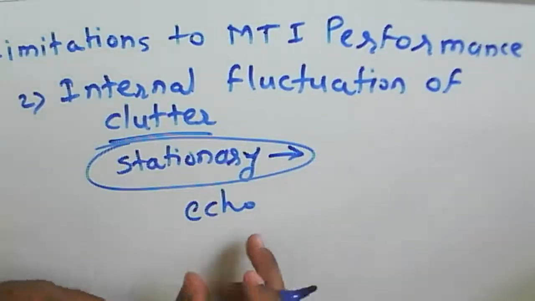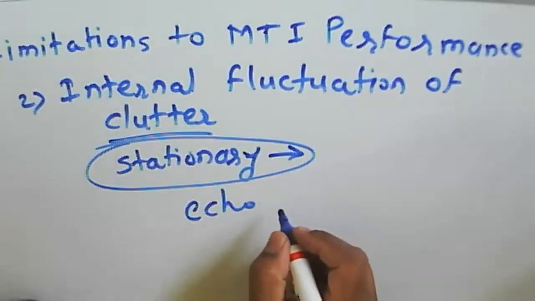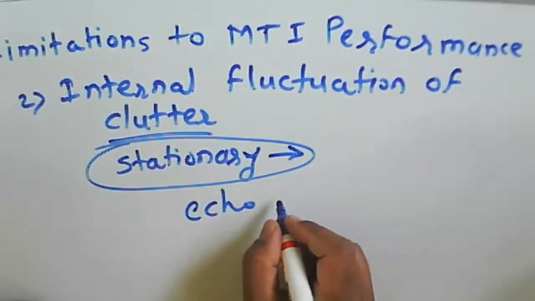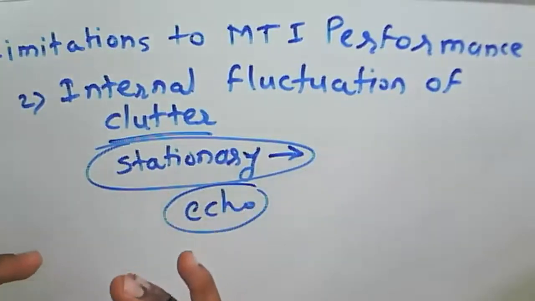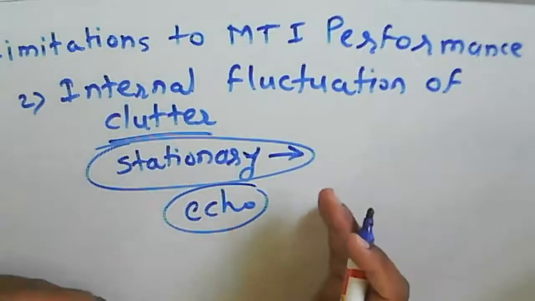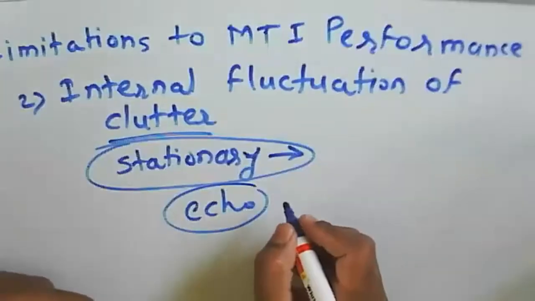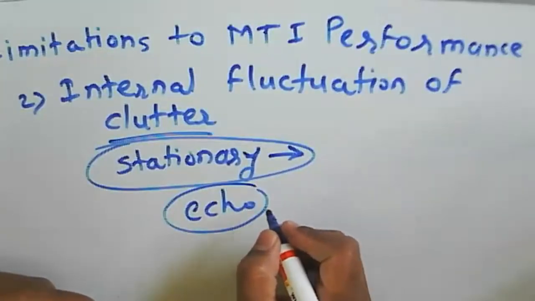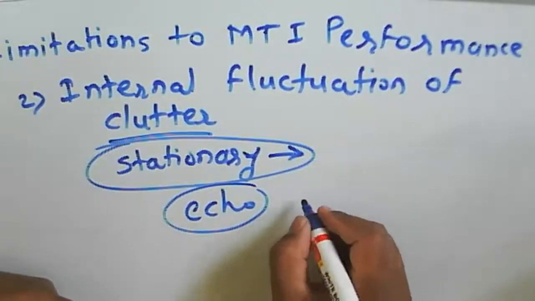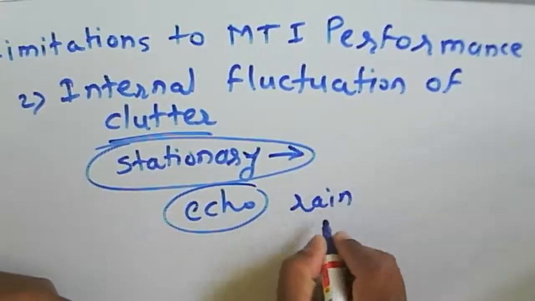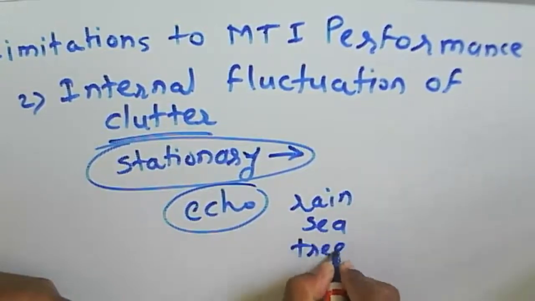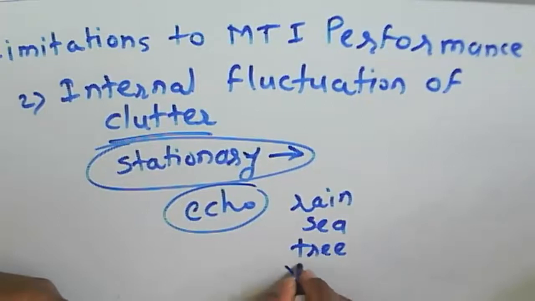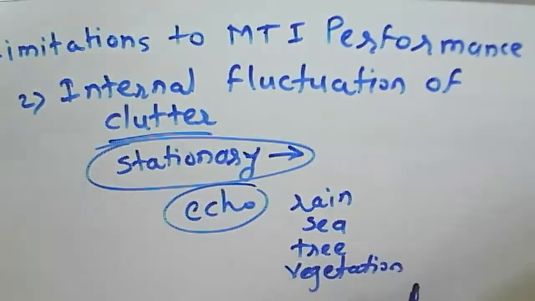But some stationary objects are reflecting the signal, or we are getting the echo from some stationary object that is to be considered as rain, or sea, then a tree, or vegetation there.